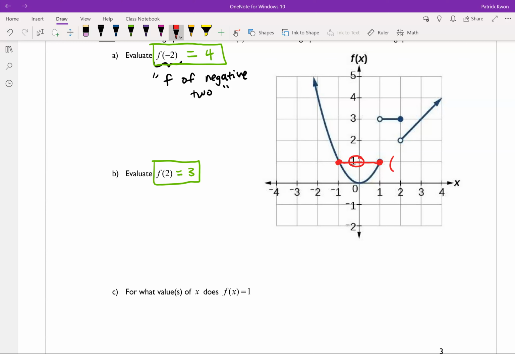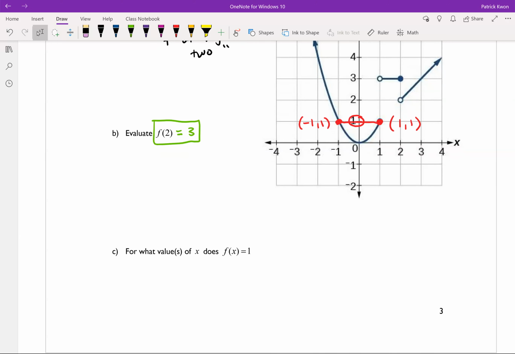If I wrote the ordered pairs for those, that would be 1, 1, and -1, 1. So if we wanted to write a sentence, we could say, when x equals -1 and when x equals 1, then f of x equals 1. Okay?